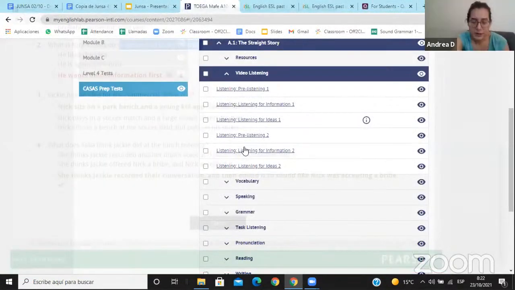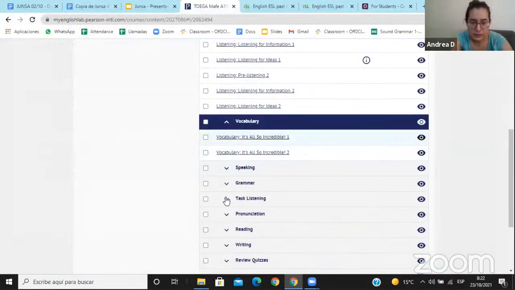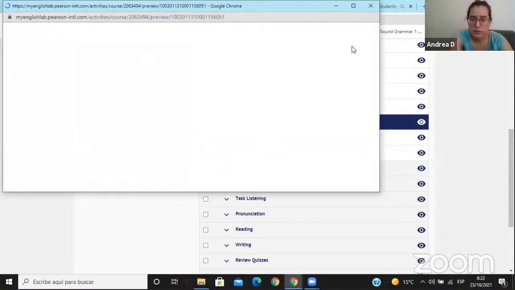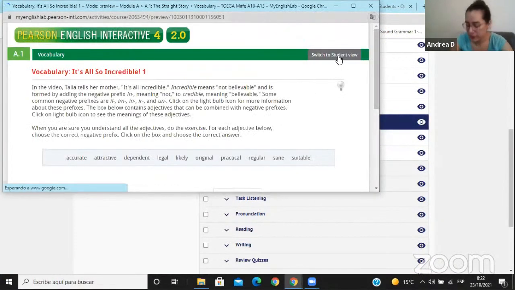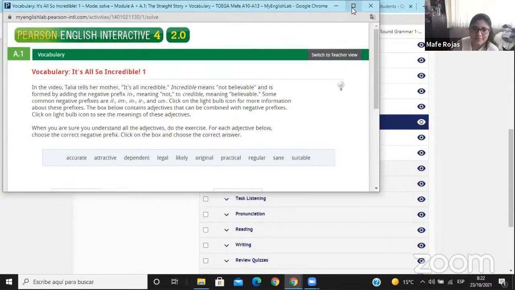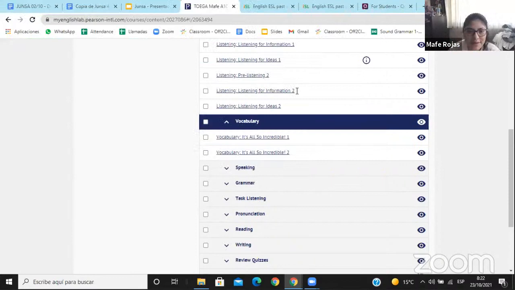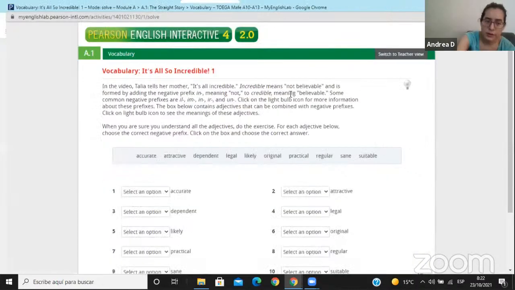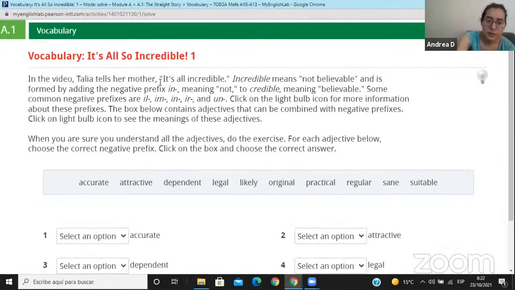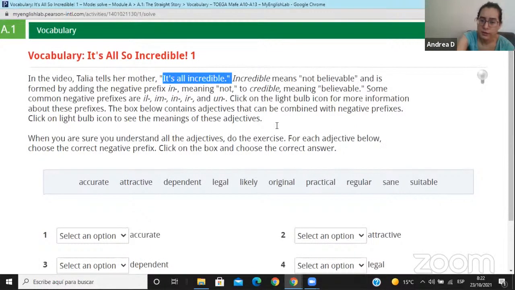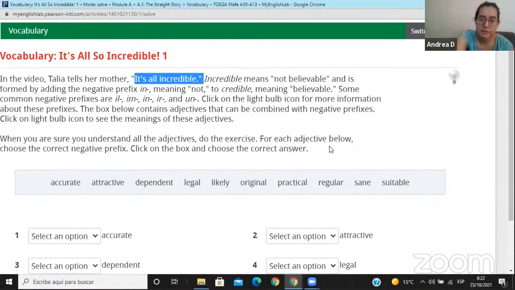So why don't we look at some vocabulary that we have here? I don't know if we have time to do the whole grammar. Okay. So in the video, Talia tells her mother, it's all incredible. Incredible means not believable.